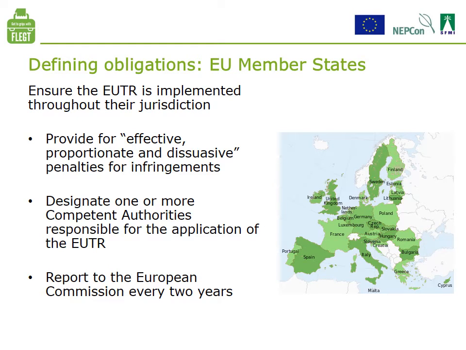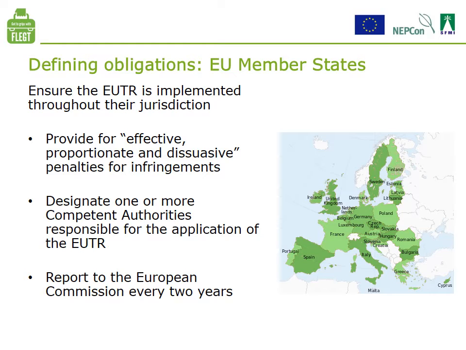Moving down from the European Commission, next we have the individual EU member states. The primary obligation of the EU member states is to ensure that the EUTR is implemented within their jurisdiction. They are responsible for ensuring that the necessary legal measures exist so that the regulation can be fully applied.